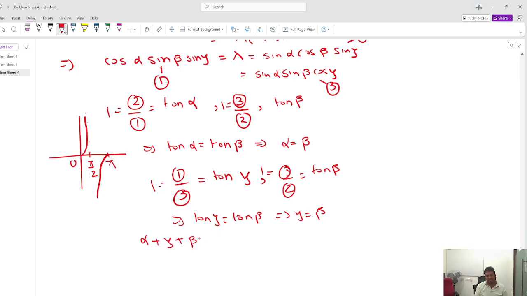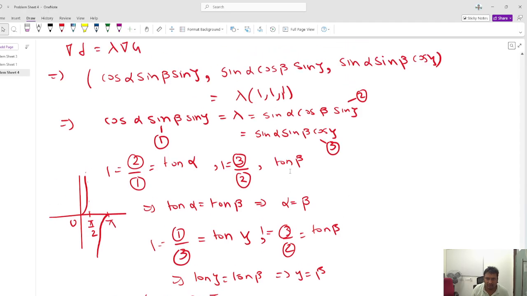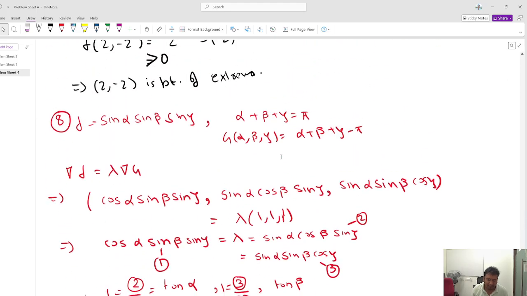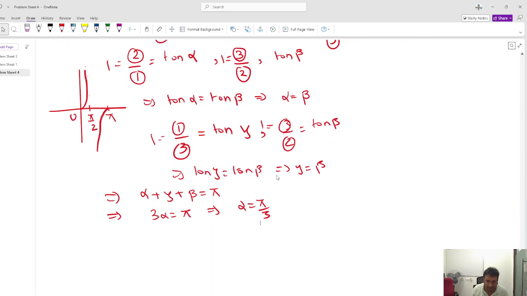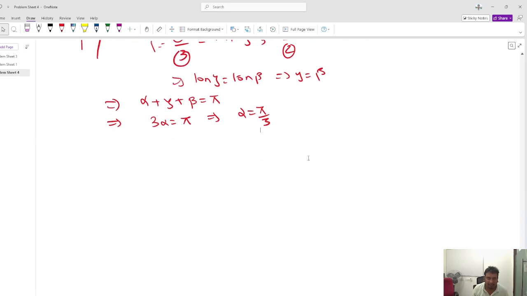And what do they satisfy? They satisfy this equation, right? So what will you have? 3 alpha equals pi. So this implies alpha equals pi by 3. Well, this is what you have. So now, once you have alpha equal to pi by 3, you have the point here, right? Pi by 3, pi by 3, pi by 3. This is the point of extrema. That's what you have to do.